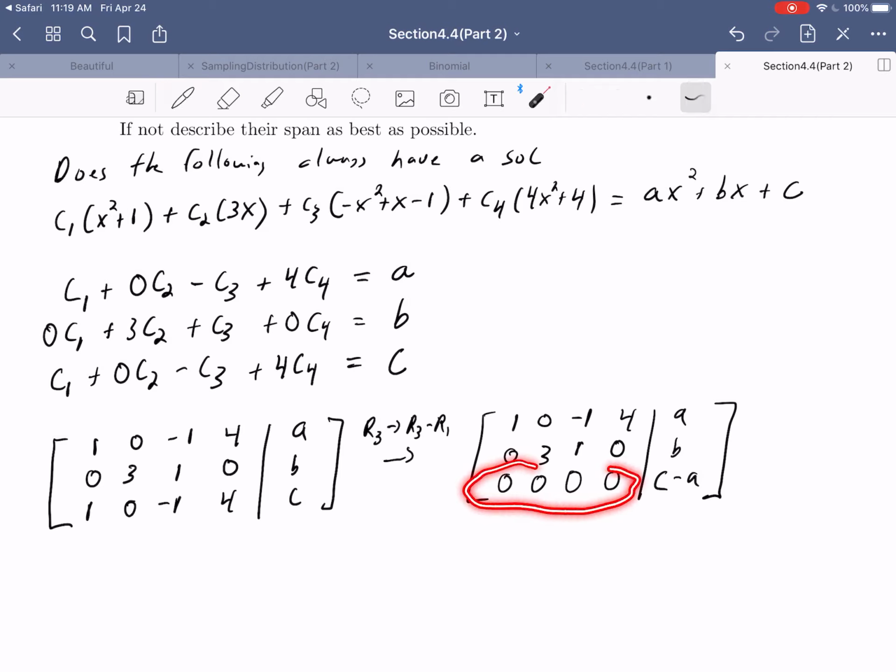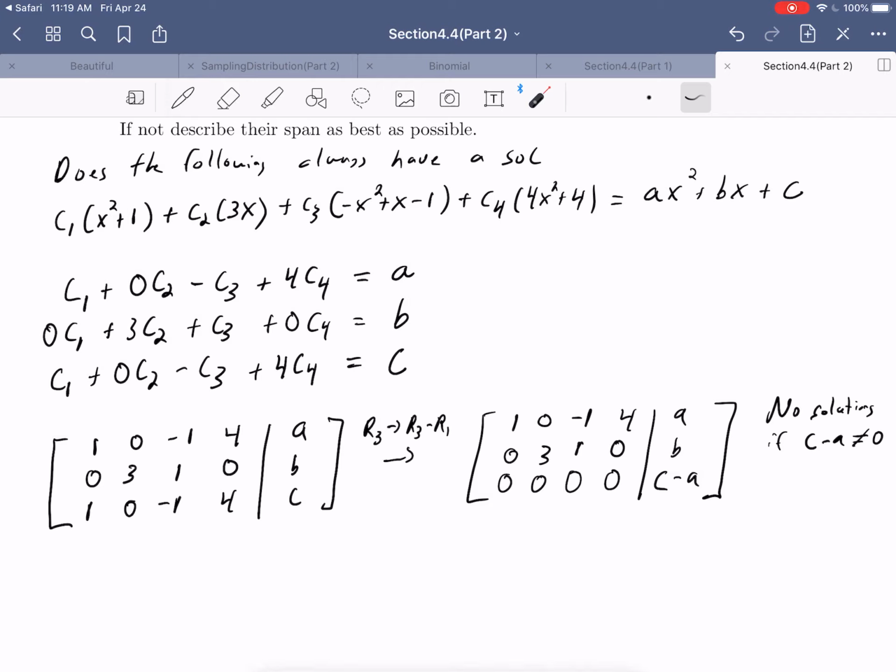We have a 0 row here, but we don't have a guaranteed 0 value here. This will have no solutions if c minus a doesn't equal 0. So if c minus a is not 0, then this thing has no solutions. Obviously c and a can be anything, so there's no guarantee that this is going to be 0.